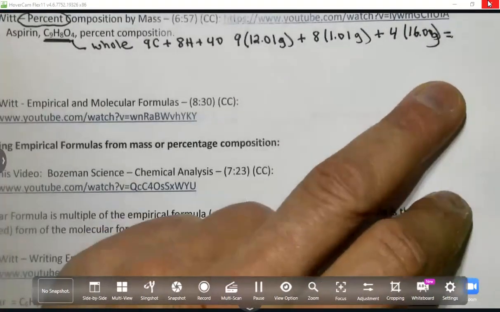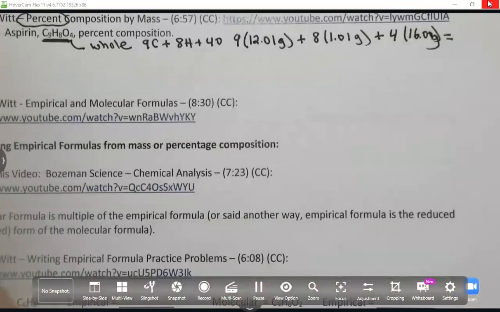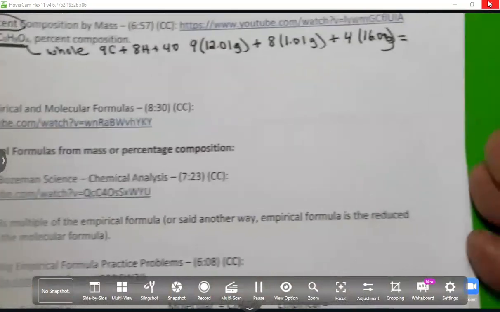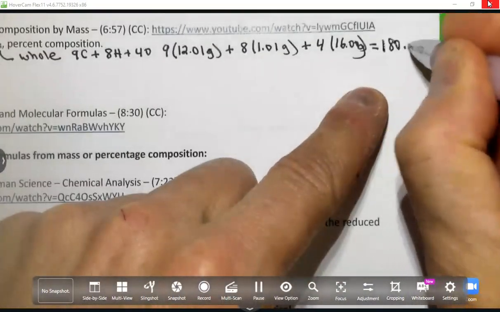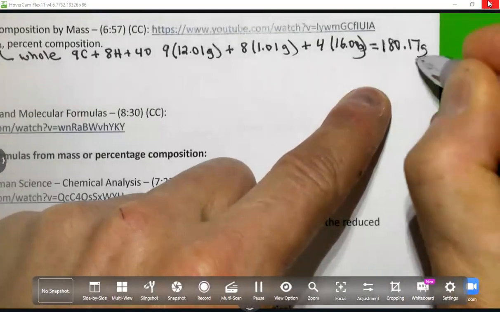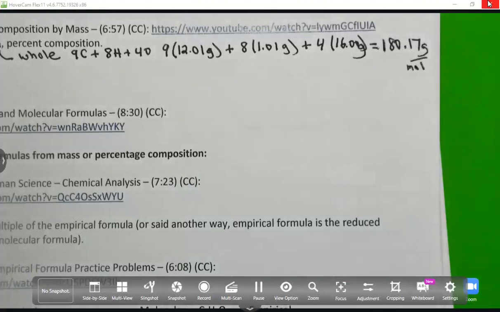So if we grab our calculator, that's going to be how many grams per mole of the entire compound, or the molar mass. So we would have 9 times 12.01 plus 8.08 plus 64, 180.17.